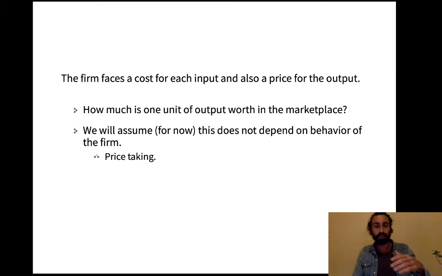Here, we're assuming that the firm does not make a dent in the overall demand, and therefore, when I sell my wheat into the marketplace, that doesn't change the price of wheat. So I'm a price taker. I just decide how much to sell for a fixed price, and I have no control over that price. This is the same assumption we've been maintaining since day one.